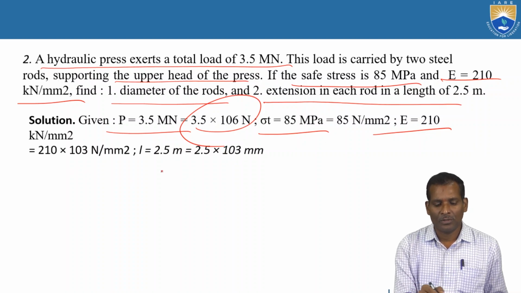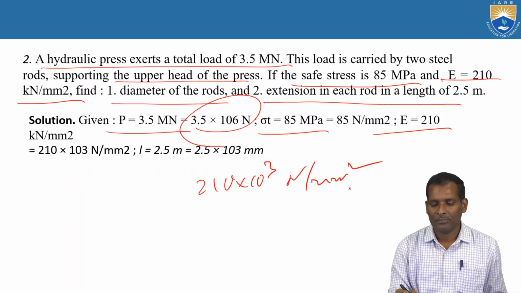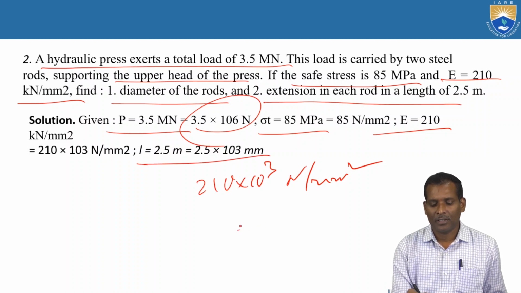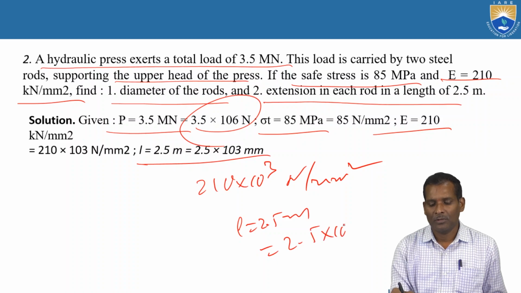Convert 210 kilonewton per mm square into Newton per mm square: 210 into 10 cube Newton per mm square. Similarly L is equal to 2.5 meters, convert into mm.